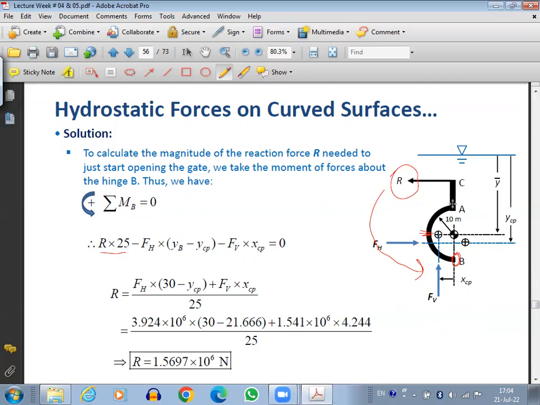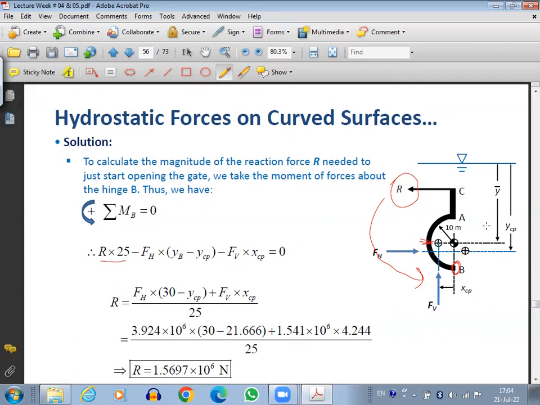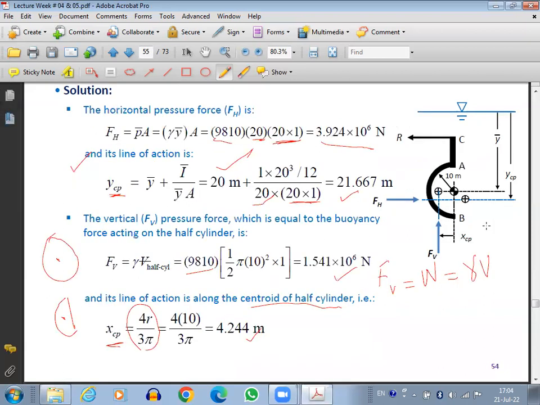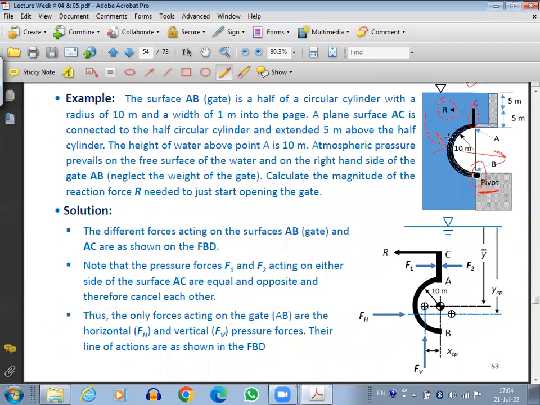If you remember, we said that 20 is the centroid. Actually 10 is from here, then 10, and 5 is this. We found YCP from the top. The distance from the top to the pivot point will be 30, because you see here, this is 5, 5, 10, then 10, 20, then 10, 30.